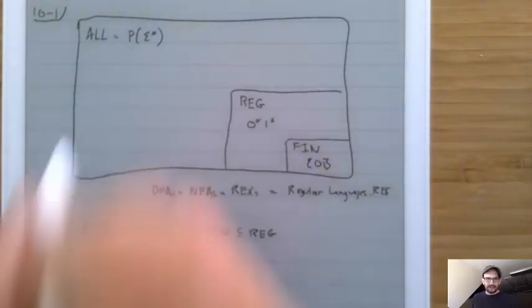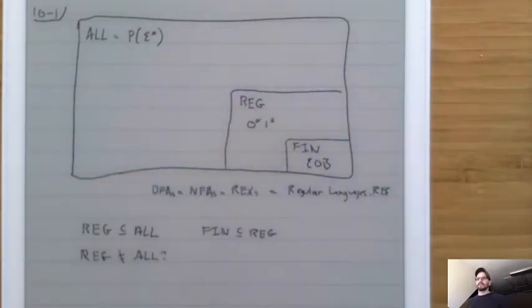But there's something outside here in all that's not inside of reg. Okay, what would such a thing be? And how would we know?